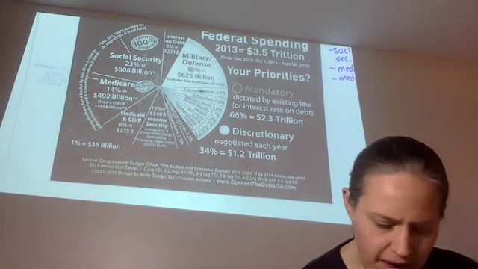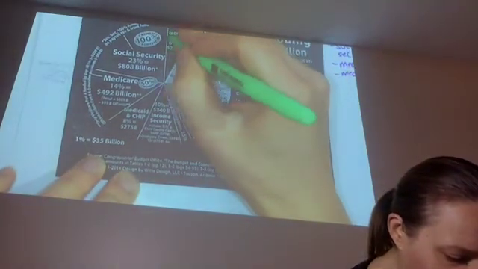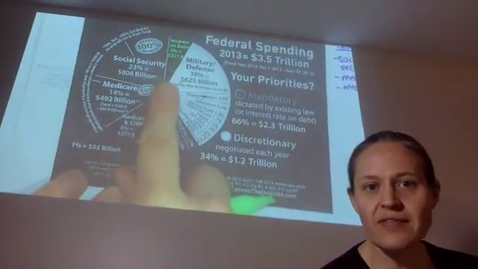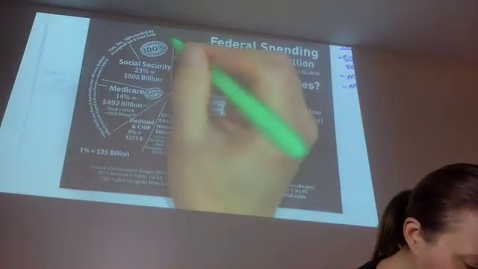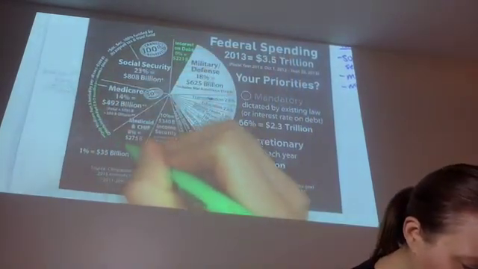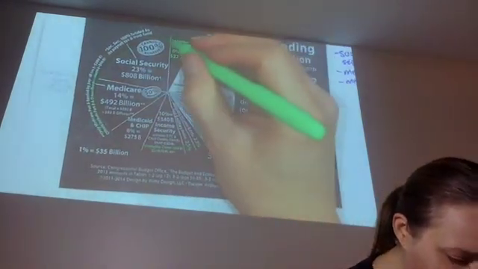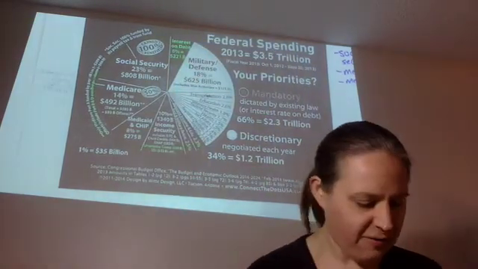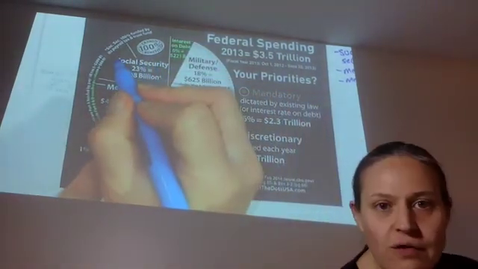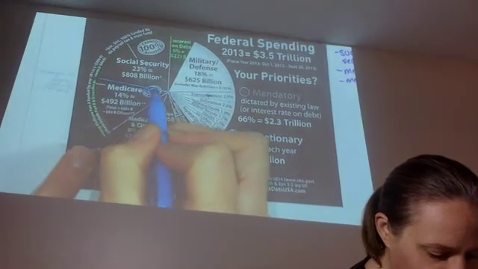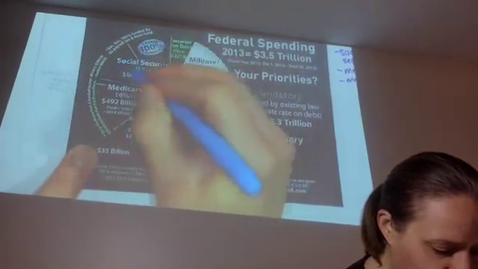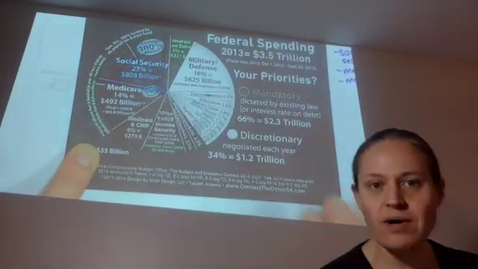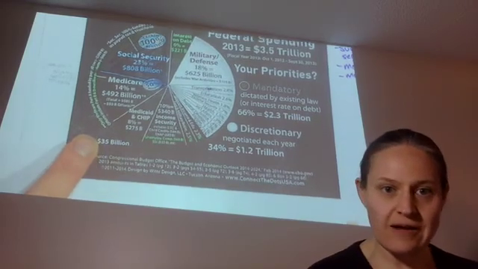So this part right here, that is the interest on the debt. And then this whole thing right here, that is the mandatory spending, the spending that they must do. So you can see here that this huge part here, that is Social Security. So that's how much of our budget goes to Social Security.